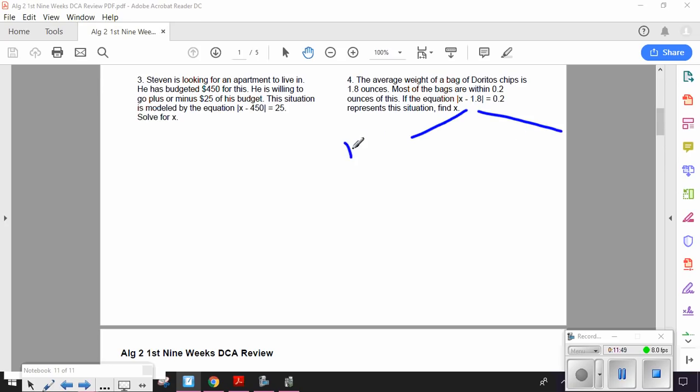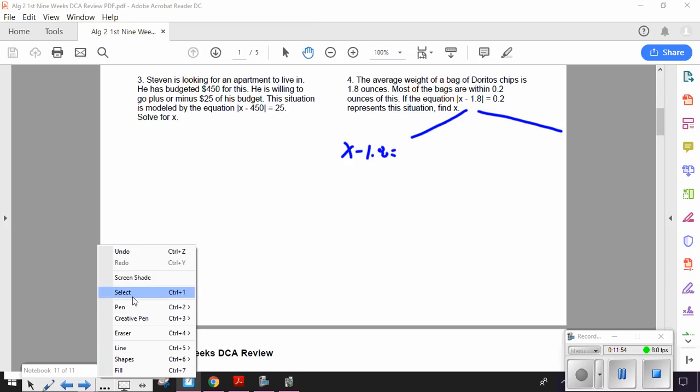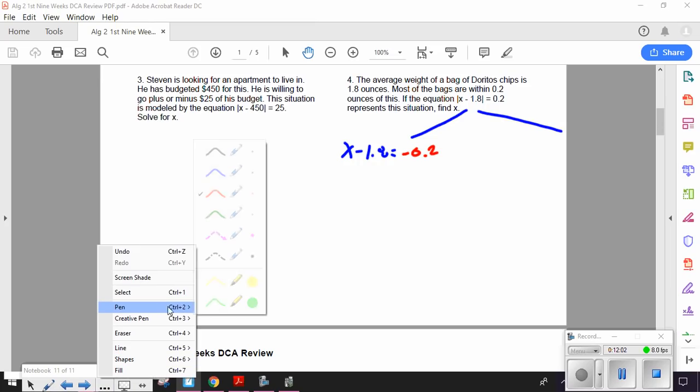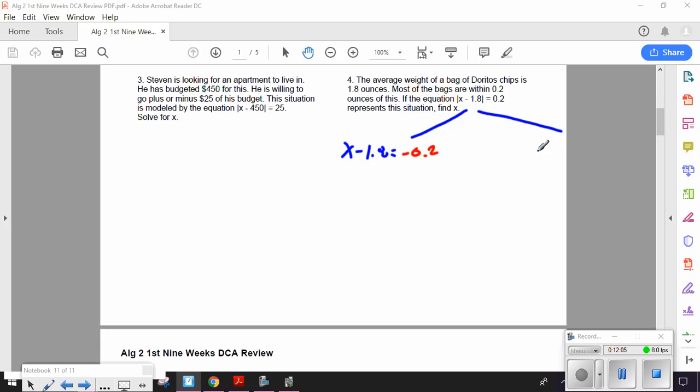So the first one would be x minus 1.8 equals the opposite, negative 0.2. The other equation is exactly as it is, just without the absolute value.